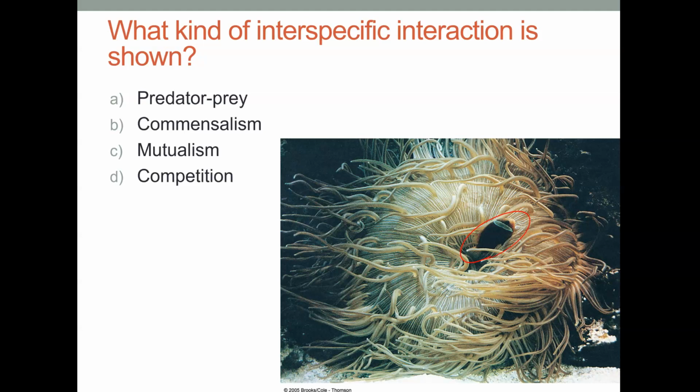An anemone is actually a really efficient predator, and these tentacles are full of poison, and they just float in the water, and if a fish or some other organism gets close to it, the toxin in the tentacles will sting the fish, and the anemone eats it. So it turns out that clownfish are immune to this poison, this toxin. It doesn't sting them and it doesn't paralyze them like it does other fish.